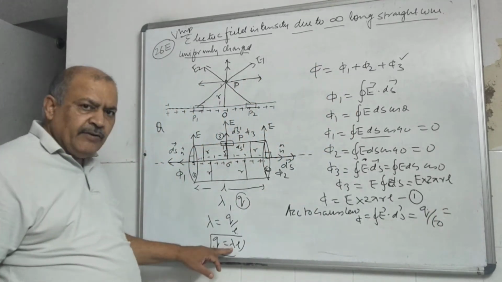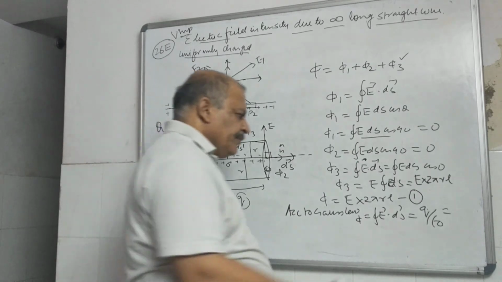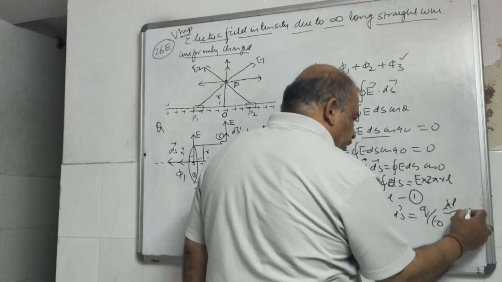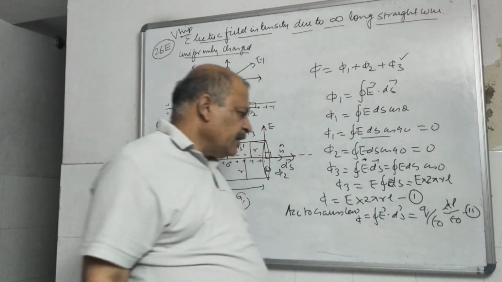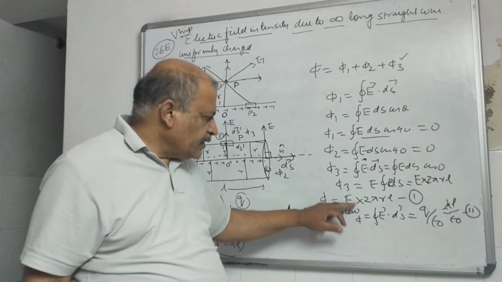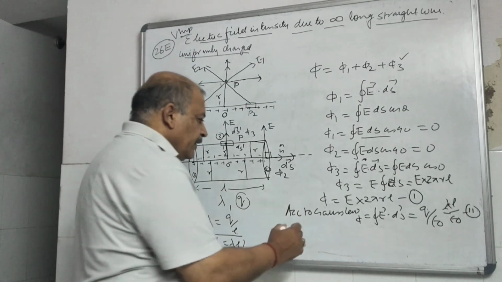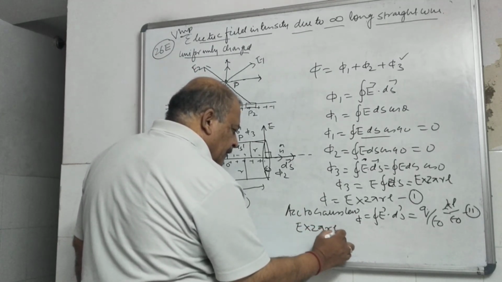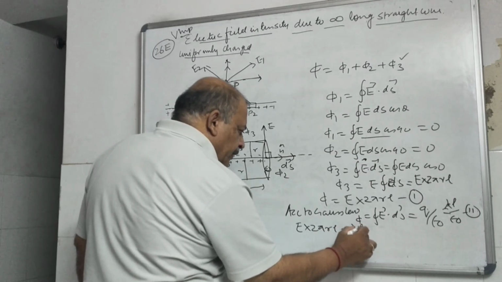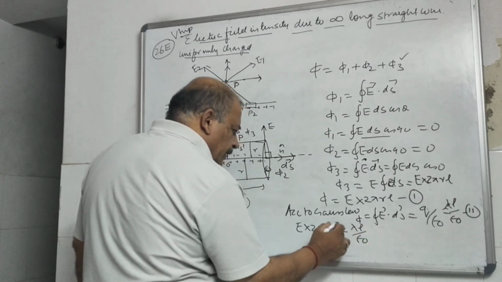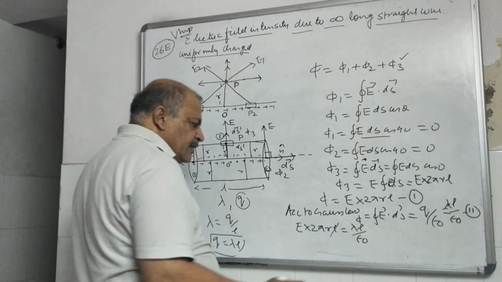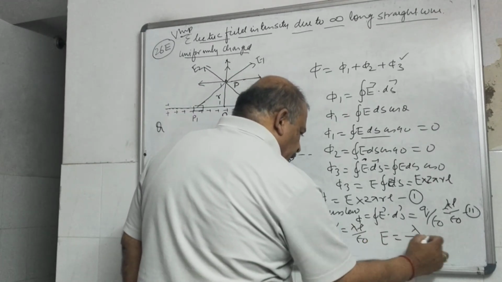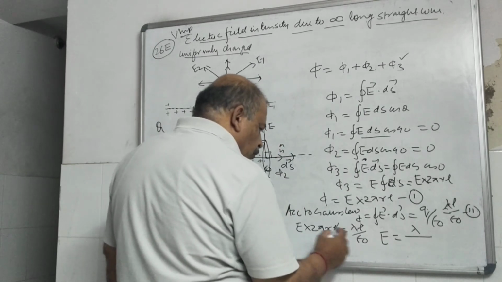Which we have already calculated, that is lambda L. So put it here. Lambda L upon epsilon naught. This is equation second. So equate this flux to this. What will we get? E into 2 pi r L equals to lambda L upon epsilon naught. L to L cancel. What is the value of E? Lambda upon 2 pi epsilon naught r.